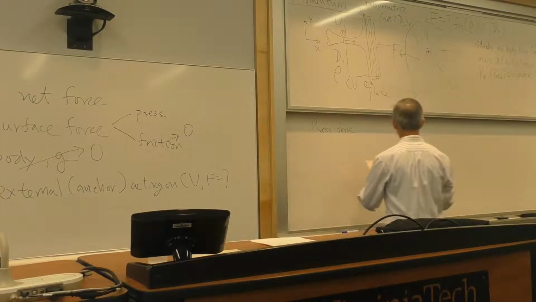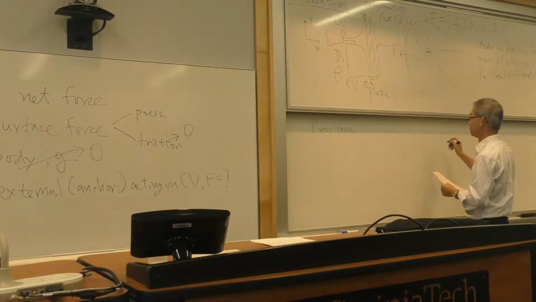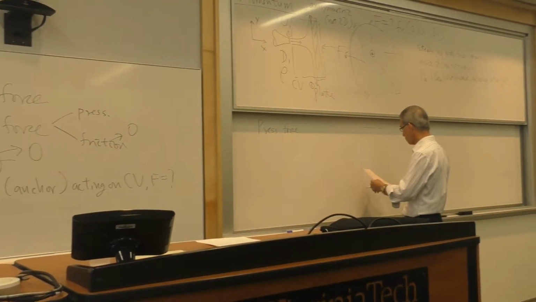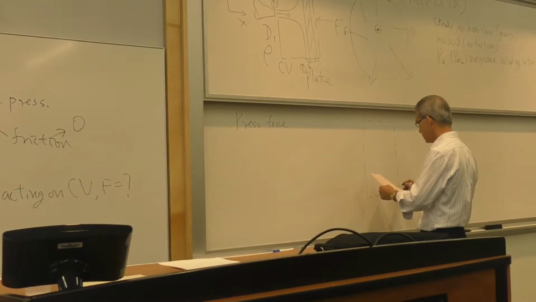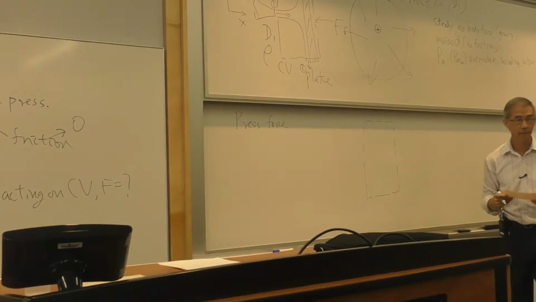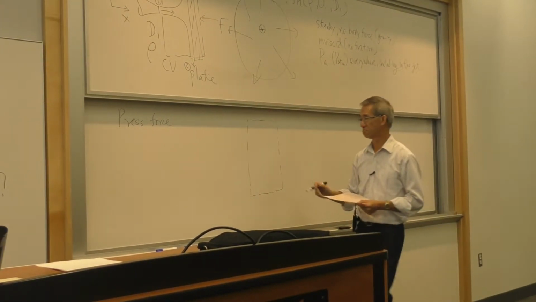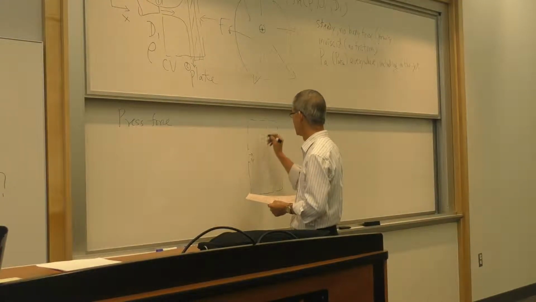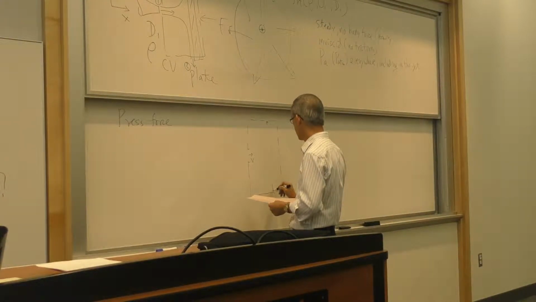So let me take the control volume and draw it all myself, right? Where I can visualize that I have flow coming in and flow going out.